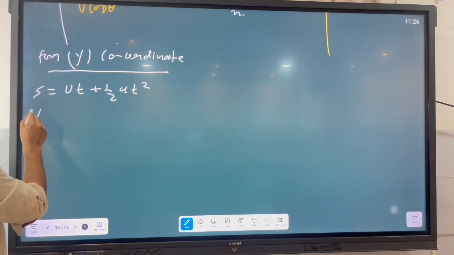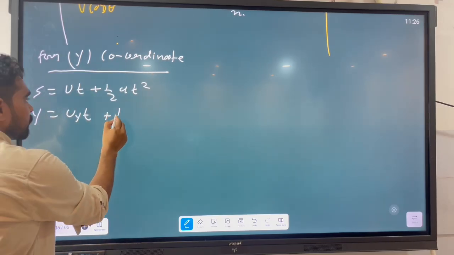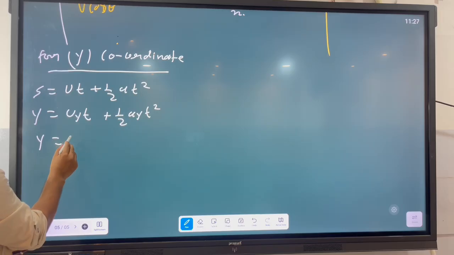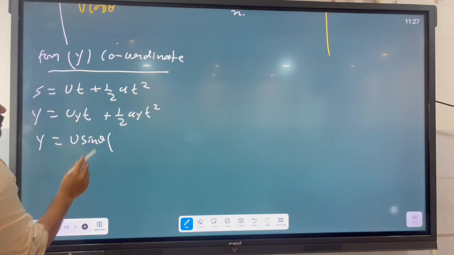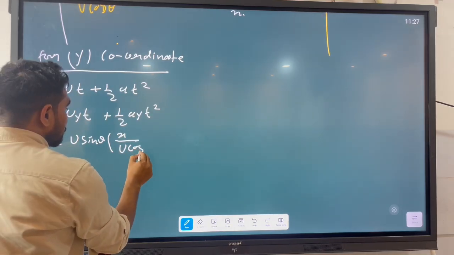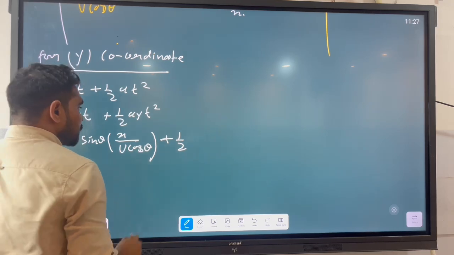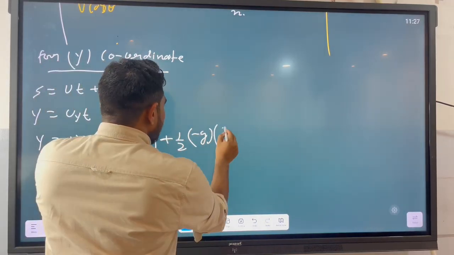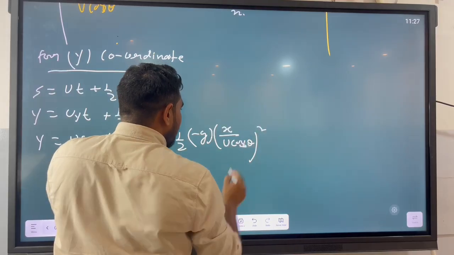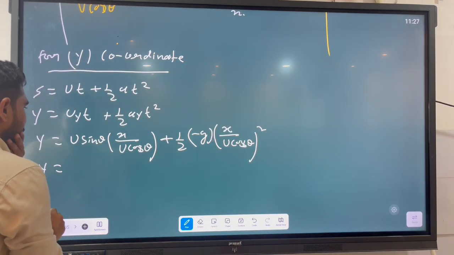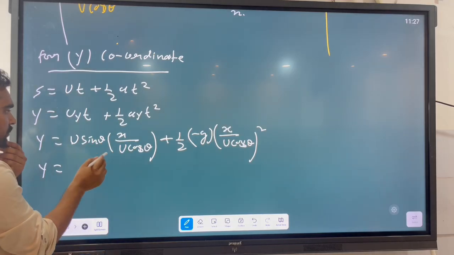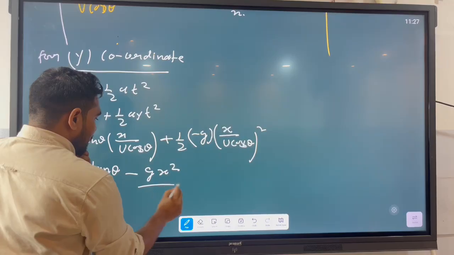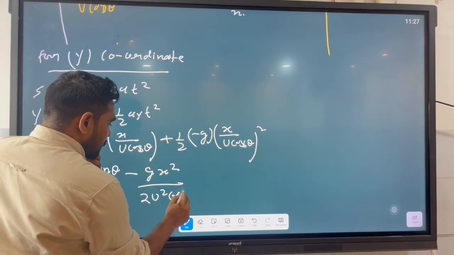Along the y direction, y equals u_y t plus 1 by 2 a_y t square, and putting in the values, y equals u sin theta multiplied by t, where t is x divided by u cos theta, plus 1 by 2 times the acceleration along the vertical direction, minus g, times t square, where t is x divided by u cos theta, squared. Calculating this, u and u cancel out, giving x tan theta minus g x square divided by 2u square cos square theta.